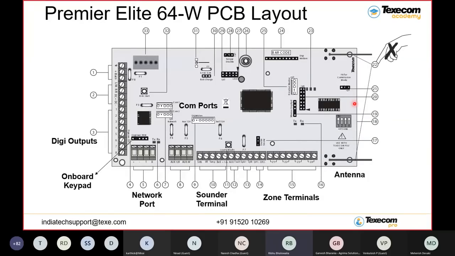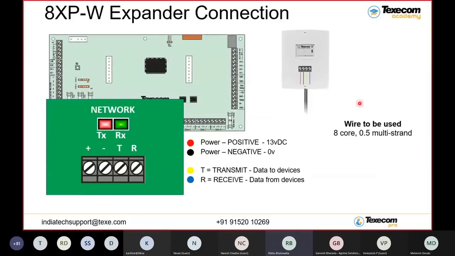Now any new expander added to the control panel will take address number 5 and it will start from zone number 41. So here is the addressing part.